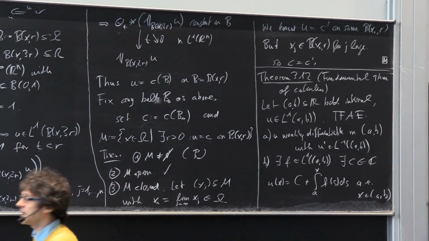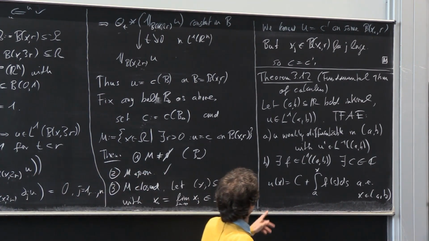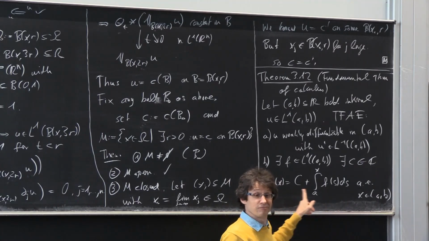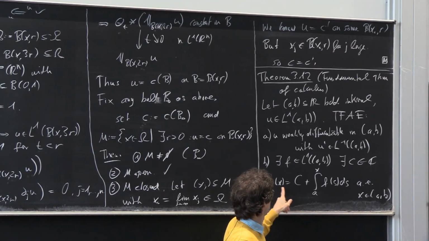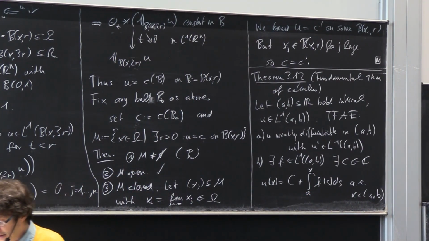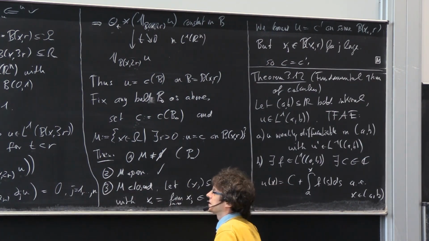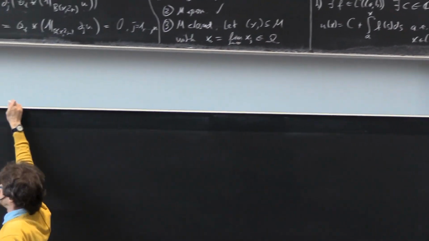So what this tells you is whenever you have an integrable function that has an integrable weak derivative, then you can write down the formula that you know from the fundamental theorem. You can write u as a constant plus the integral over the derivative, and we will see that in this case f equals u prime.